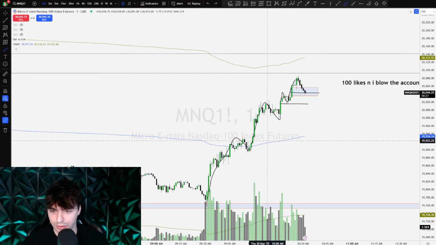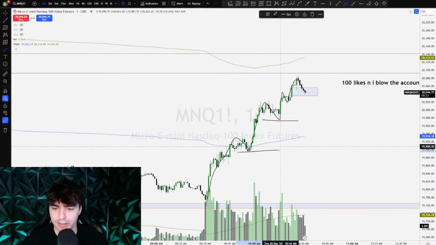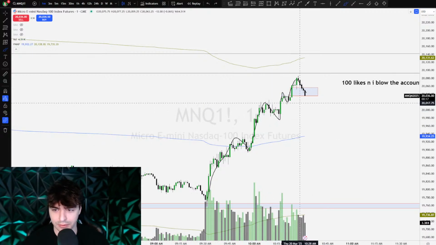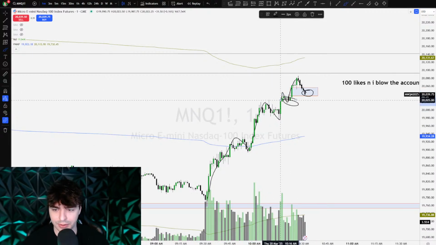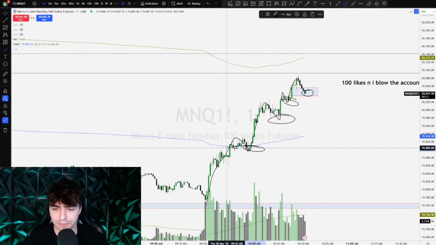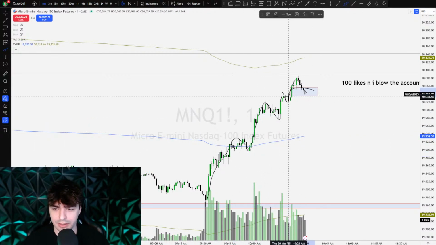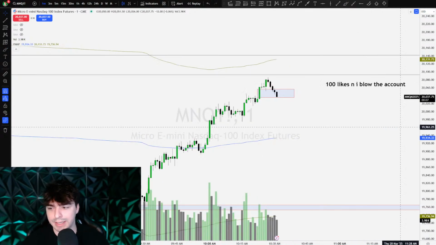This is what we call measuring the pullbacks. If the pullbacks are getting deeper, which just means the lows are getting closer to one another, this low is close to this low, but this low is quite far from this low. So this was a strong move, and now this is a weak move in the trend.